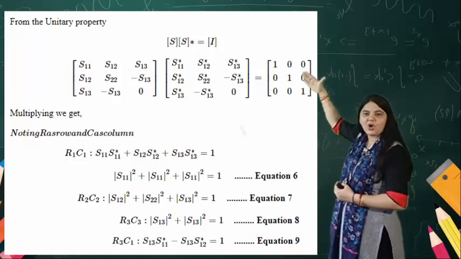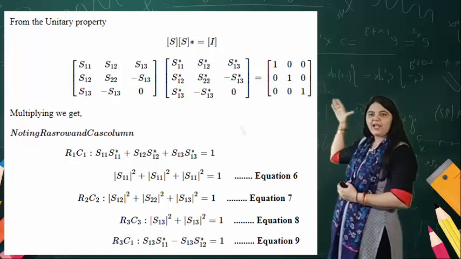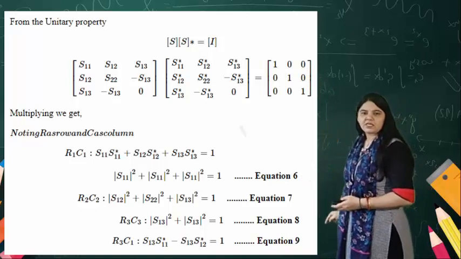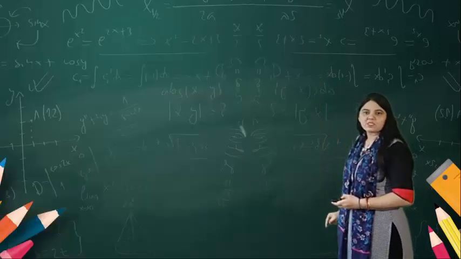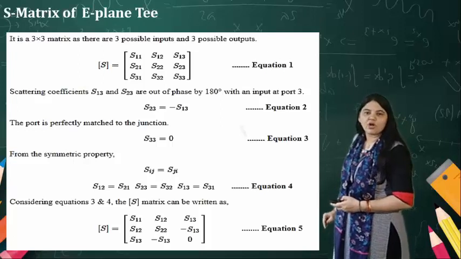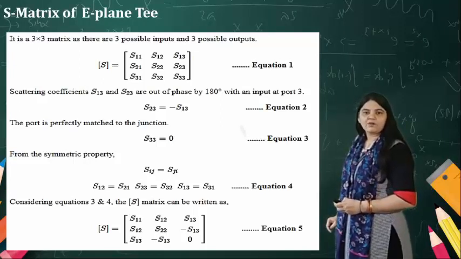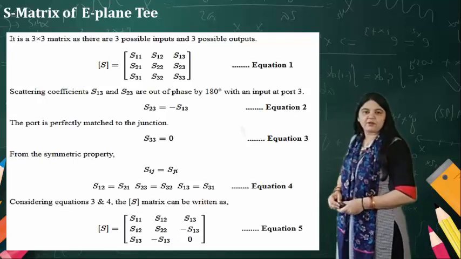So only for the diagonal elements, which are the one, do we get the equations. By solving this we can have all these equations, and we put all the values inside the equations.